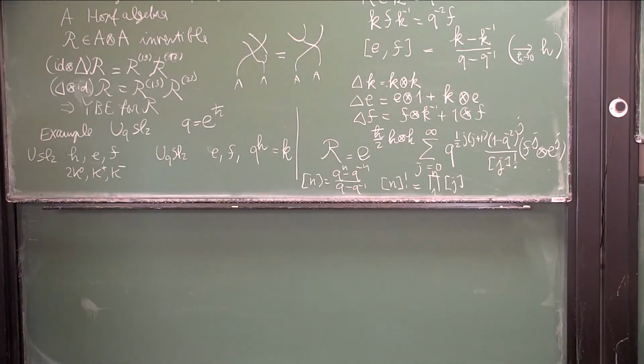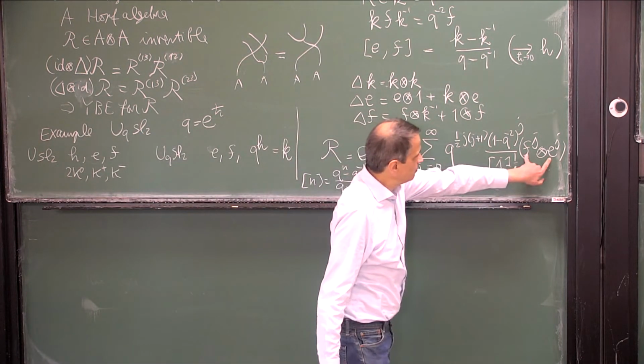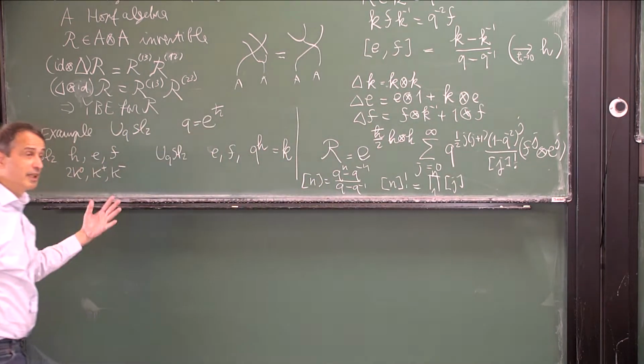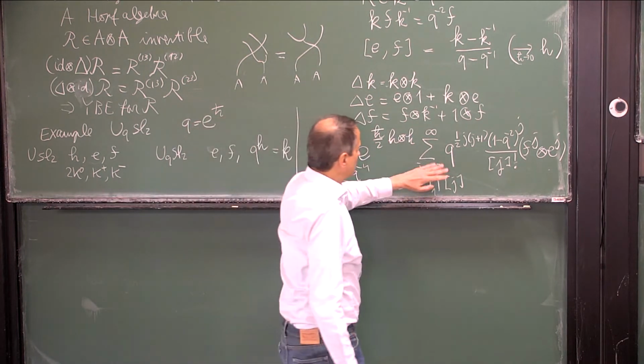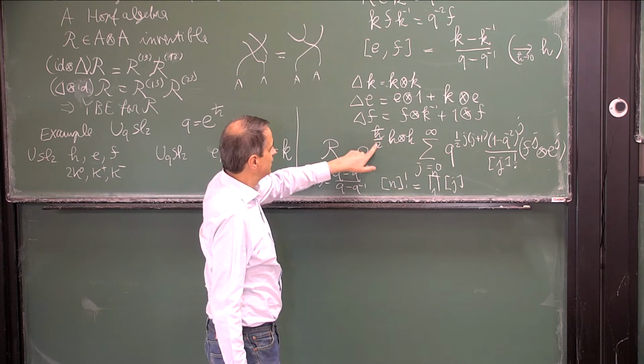So, first of all, it's an infinite sum, and this is not really a problem because in any finite dimensional representation or highest weight representation, these powers of E or F are 0. Right? So it's well defined in any representation. And here, I wrote q and I wrote h bar.